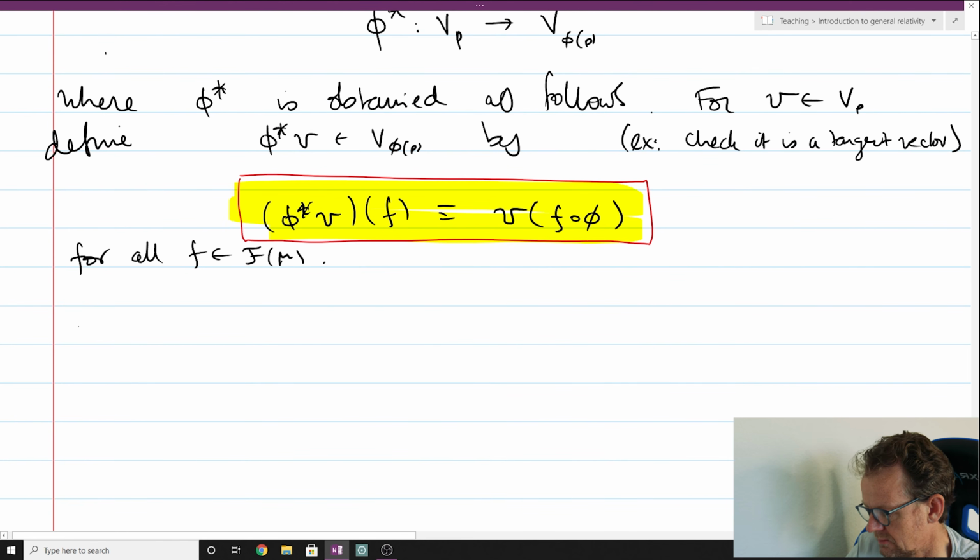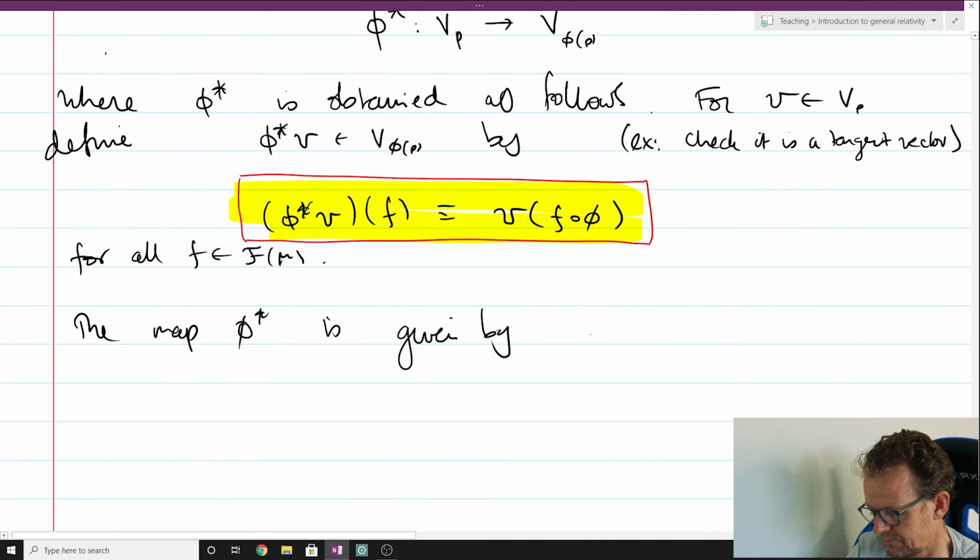Now it turns out the map phi star is familiar to you. It's the Jacobian.